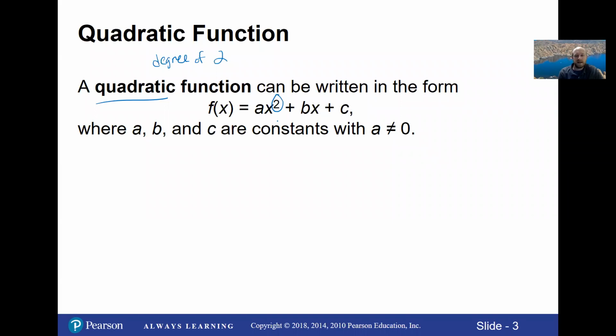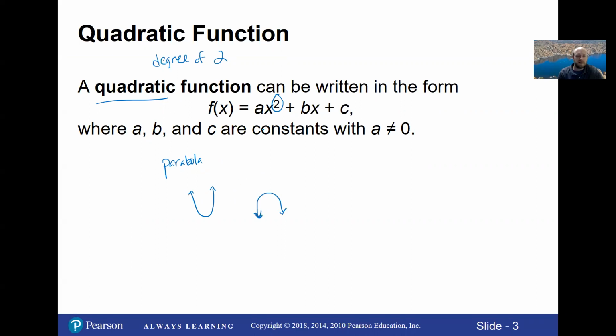Any time you have a function where there's an exponent of 2 and nothing bigger, it's going to be a quadratic. It's going to be in the shape of a parabola. So a parabola, I'll just spell that out. And that looks something like this, right? Or something like this. And that's an arrow.